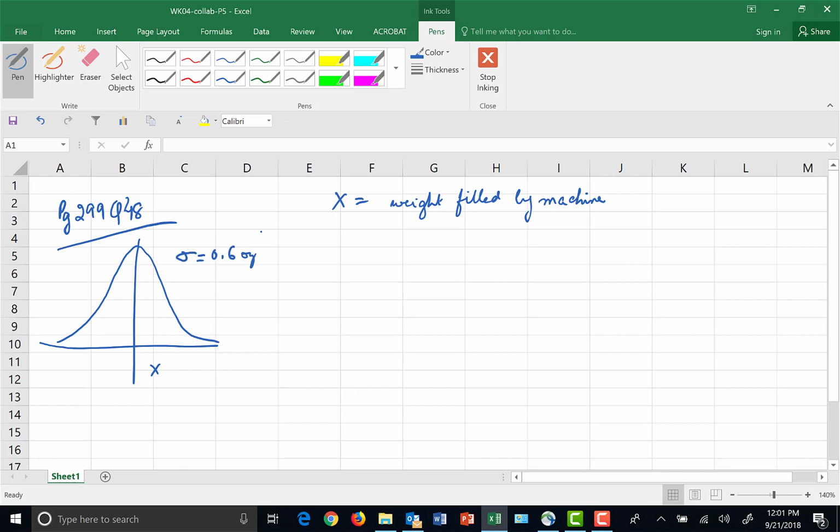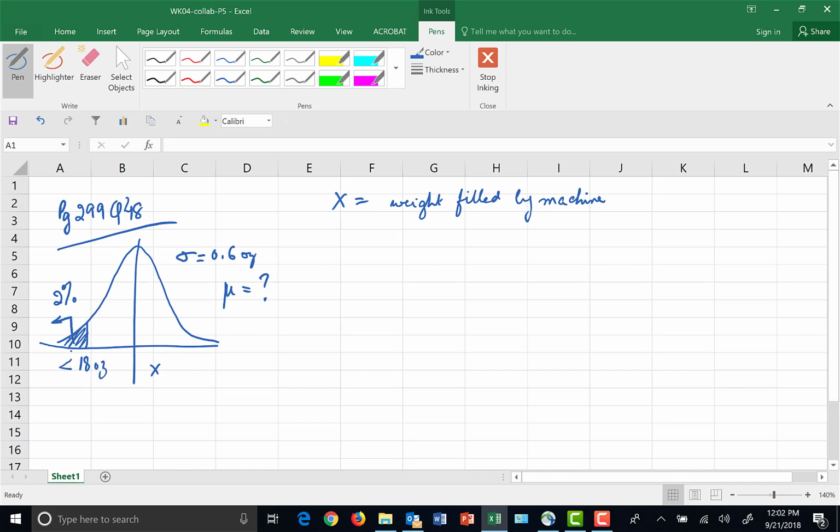Okay, it is known from past data to be 0.6 ounce. And then it says 2% of the containers hold less than 18 ounces. So notice the mu is not given, the mean is not told to us. We are told that the standard deviation is 0.6 ounces, and we are told that 2% of the containers hold less than 18 ounces.